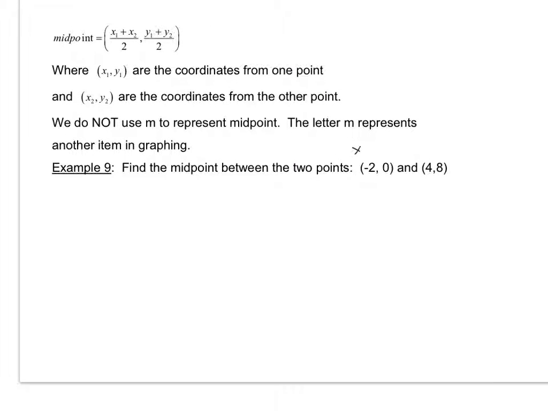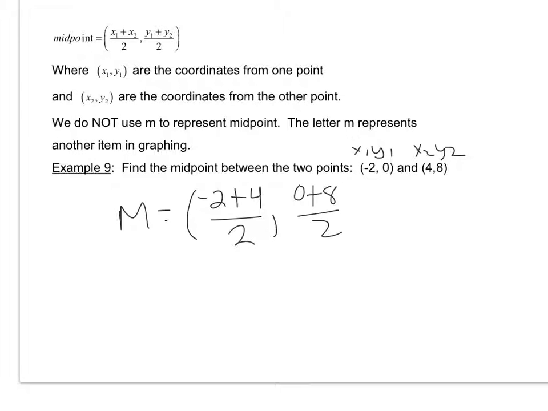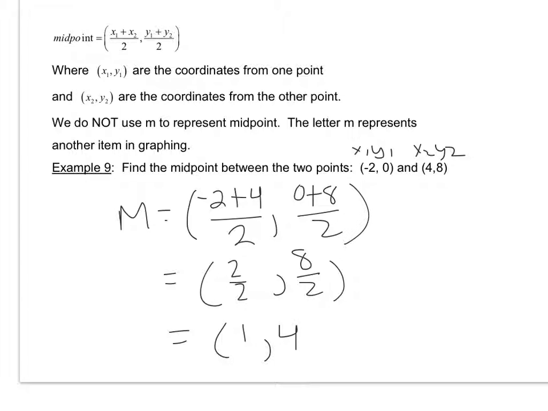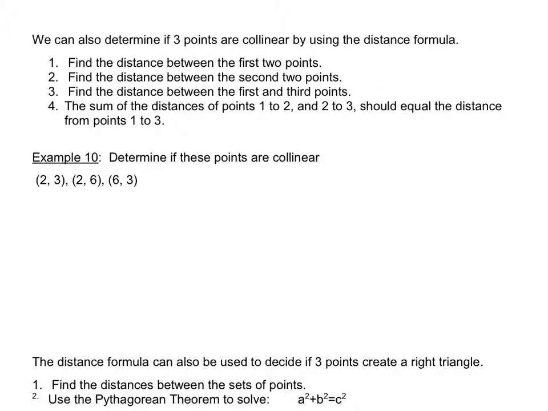So again, x1, y1, x2, y2, except this time it's the midpoint equals negative 2 plus 4 divided by 2, comma 0 plus 8 divided by 2. So that's 2 over 2, comma 8 over 2, which is 1, comma 4. So there's basic midpoint.